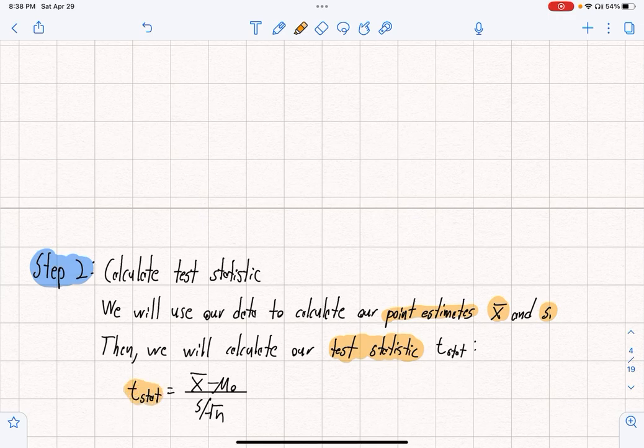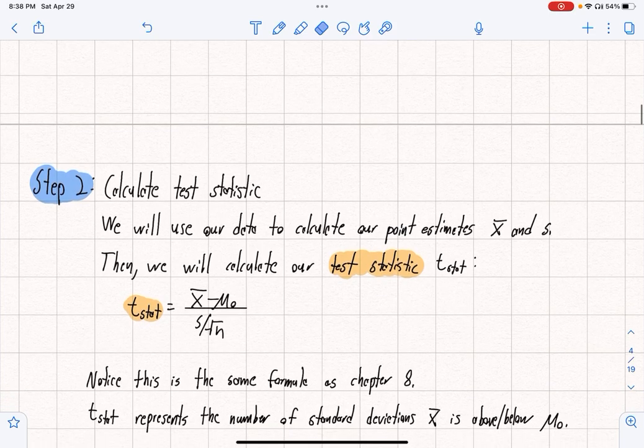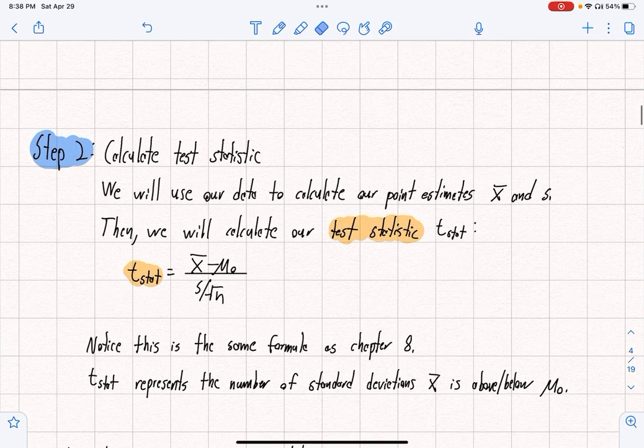Recall, this is the same formula we were using in the prior chapter. So it's very similar to a z-score formula. It's just slightly different because we're now calling it t, or in this case, t-stat. So same formula as chapter 8.